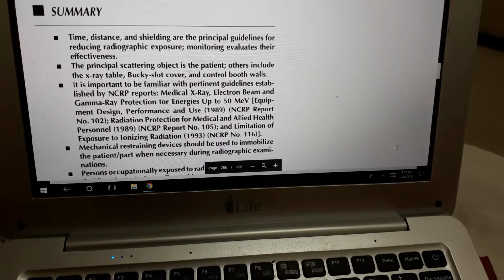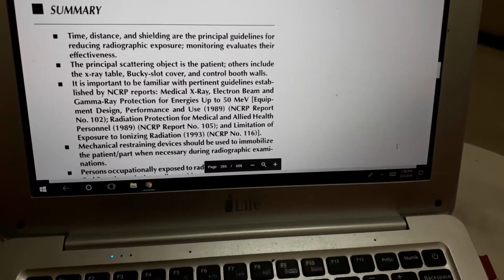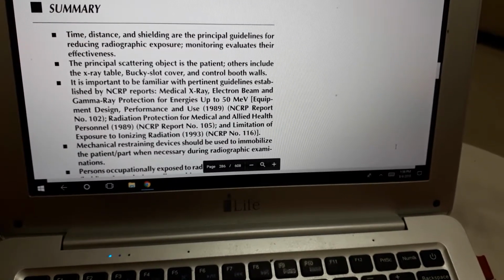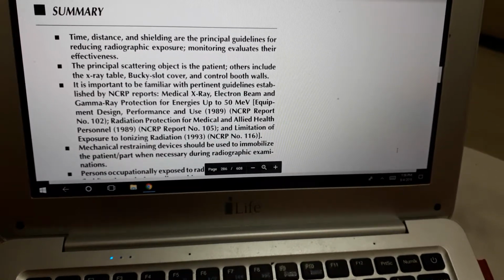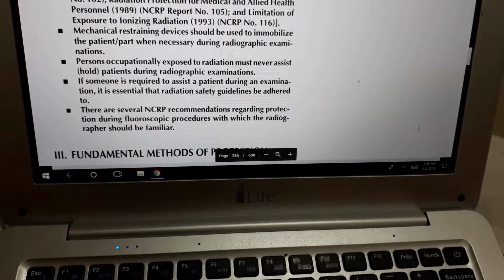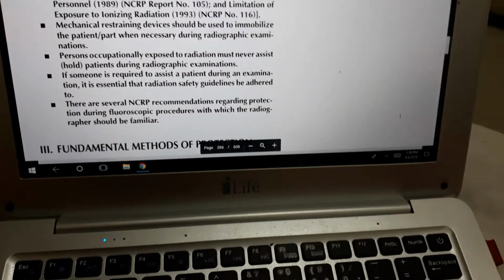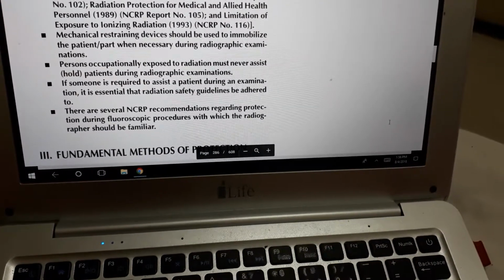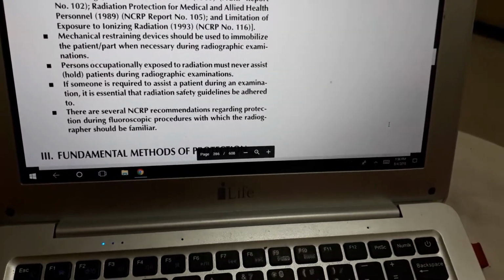A mechanical restraining device should be used to immobilize the patient part when necessary during the radiographic examination. Personnel occupationally exposed to radiation must never assist patients during radiographic examinations.